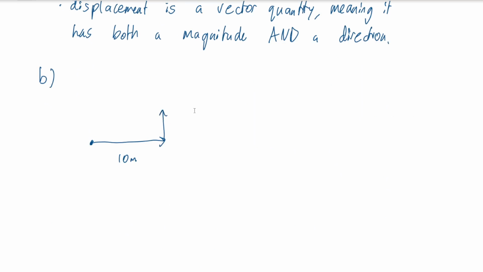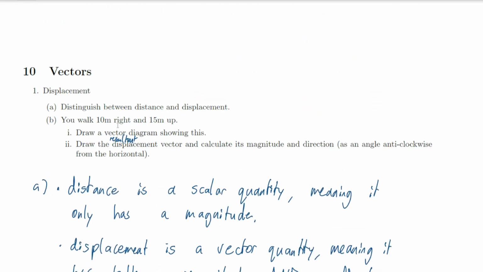No. Right, the magnitude corresponds to the length of the arrow, and so 15 meters is greater than 10, so my upwards arrow should be a bit longer than my arrow to the right. And there is our vector diagram showing that scenario.